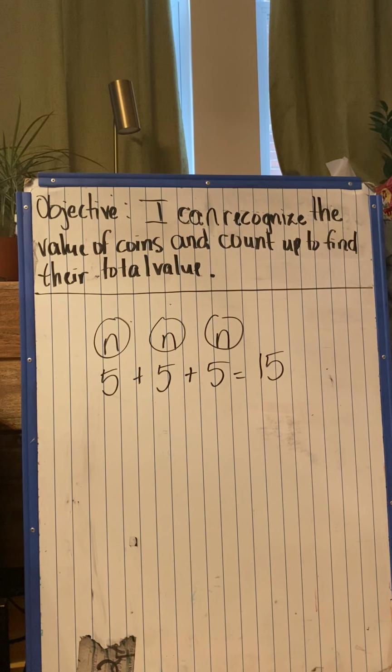We're going to do the same with 3 dimes. I want you to draw 3 dimes. You can just use the D as a symbol and write an addition sentence showing the value of 3 dimes. And then I want you to tell me the number sentence.